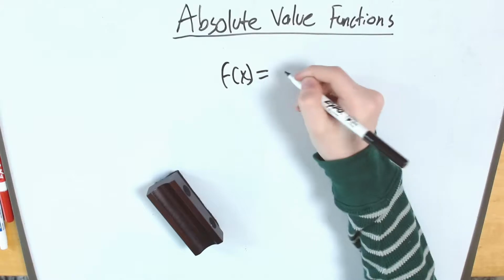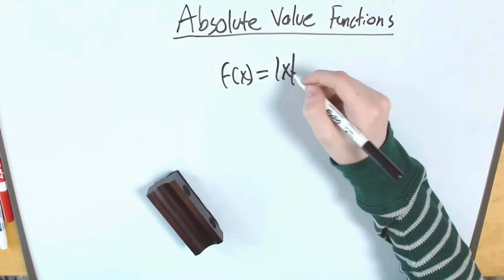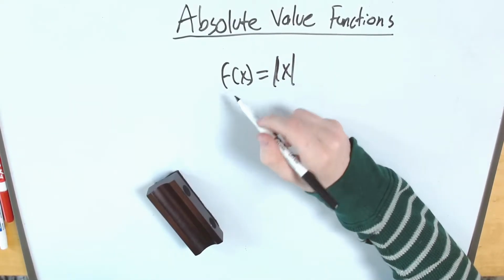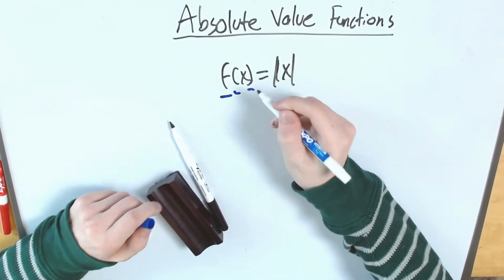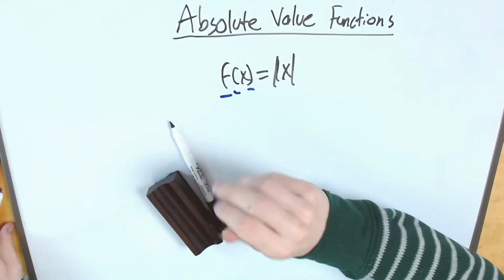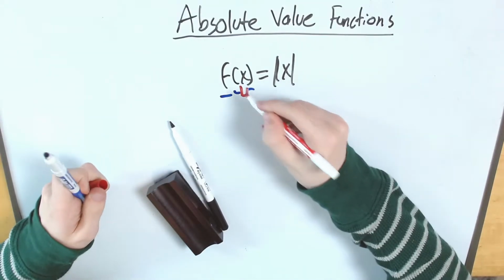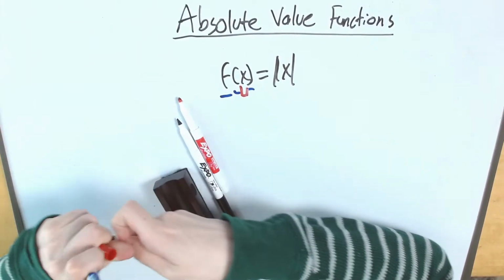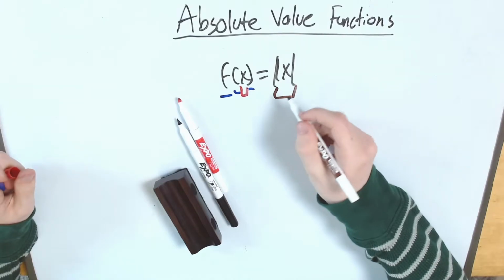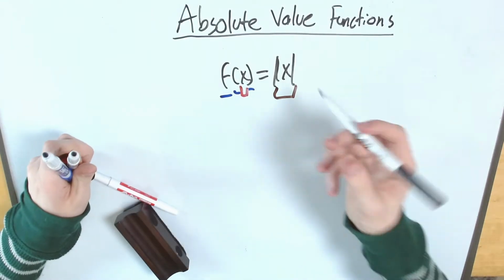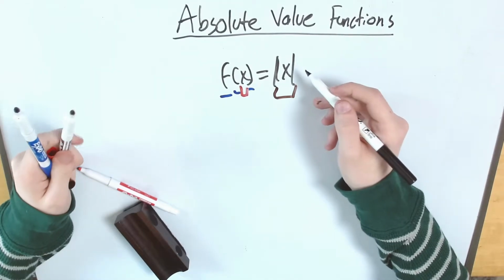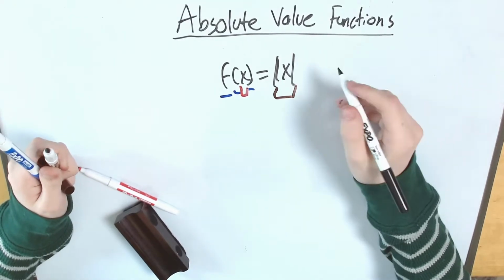Well, we denote them a lot like regular functions, where we have our function name and an indication of where the input is, then what I'm supposed to do for that input right here. So this is the most basic version of an absolute value function, but they can be a lot more complicated.